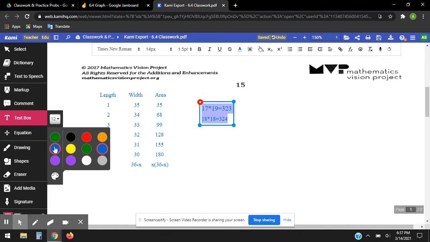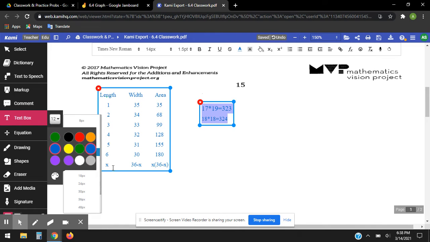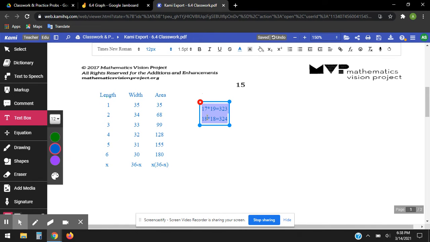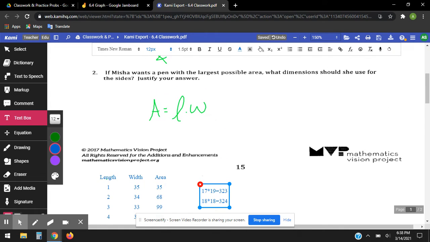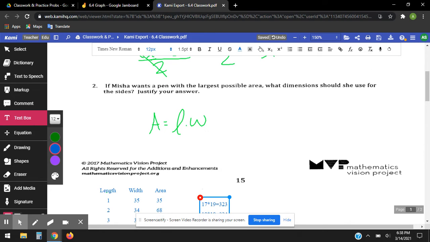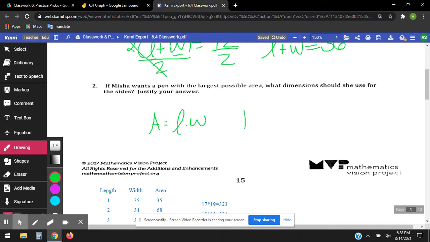So if we were going to try to convince somebody which size you want to do, take a length and width to multiply. These are only getting bigger until we get to that 18 times 18. So largest possible area would be an 18 by 18 pen. So a square pen would give us the biggest area according to these.